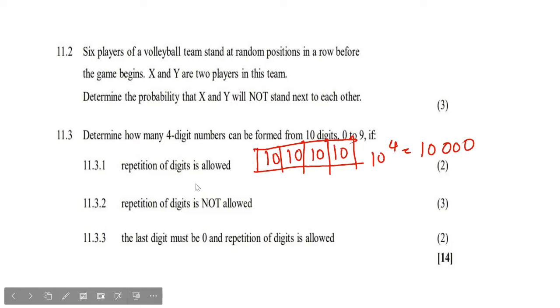Now, what if repetition is not allowed? Again, we must form a 4-digit number. So I have 4 positions, 1, 2, 3, 4, right? In the first position, I can choose one of the 10 digits that are available. But remember, if they say repetition is not allowed, that means if I happen to pick a certain digit in the first position, I can no longer pick it for the second position.